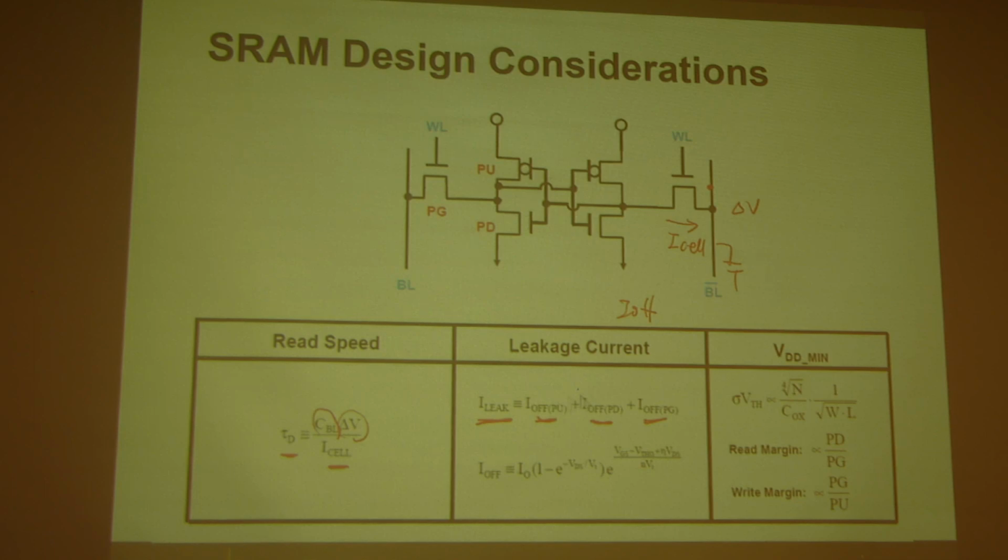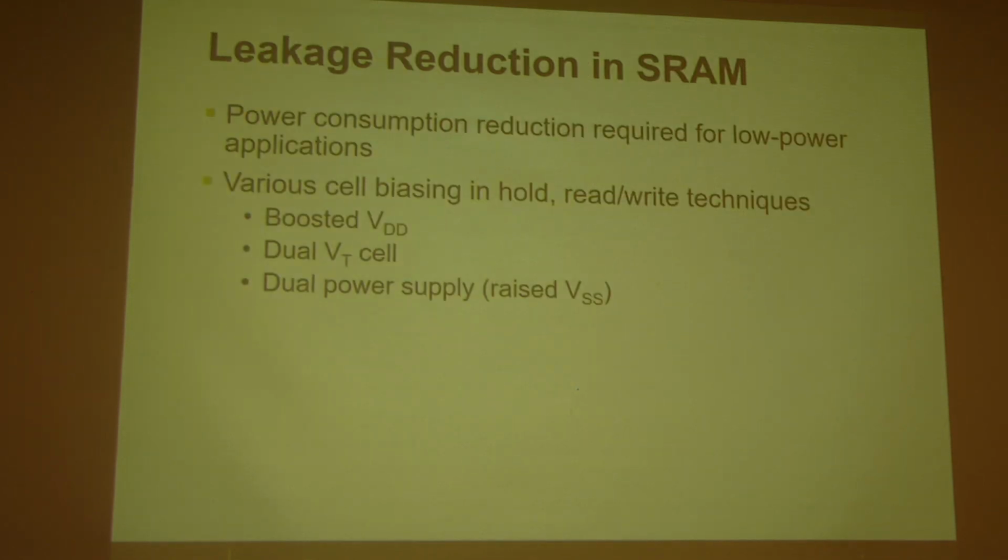This is the contribution to the leakage current that will translate to the standby power of your SRAM array, or let's say your cache, even when you are not using your phone. Your battery is still being drained because of the leakage here.